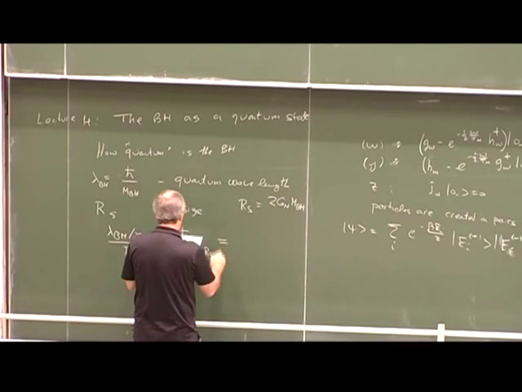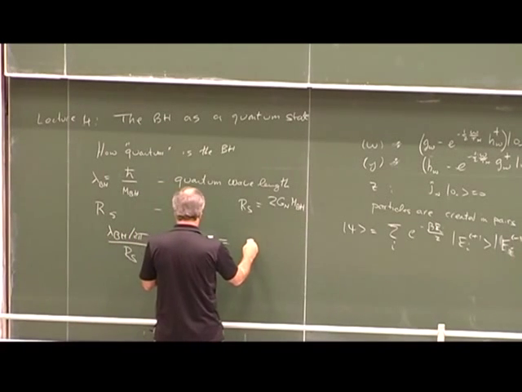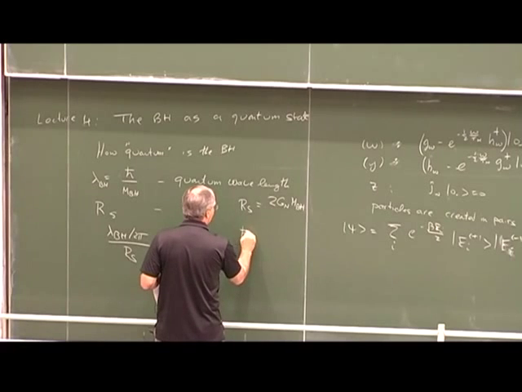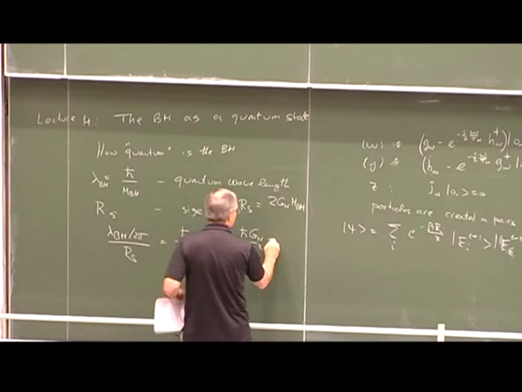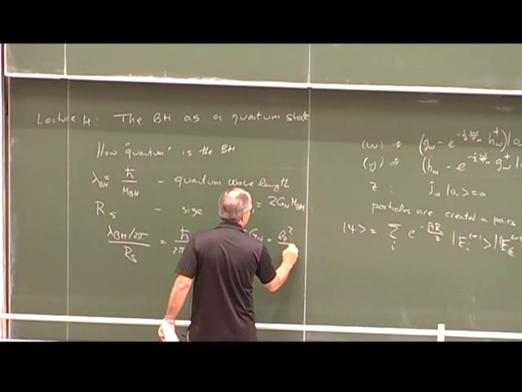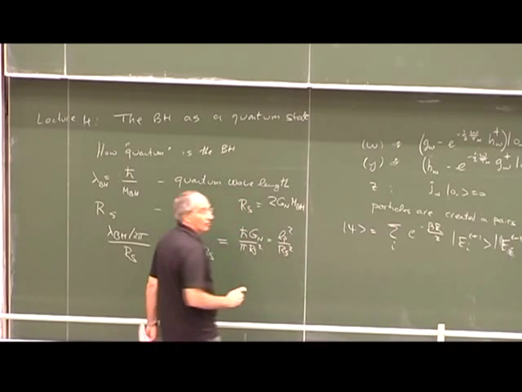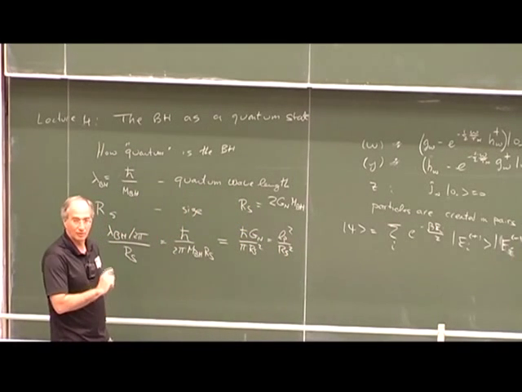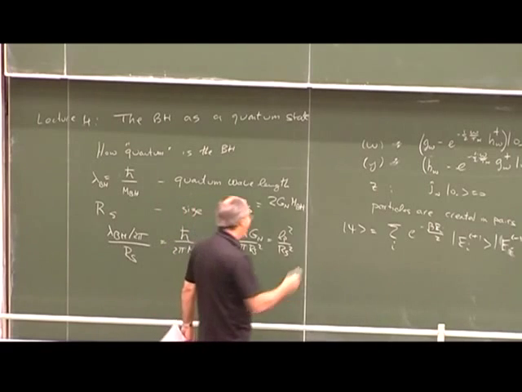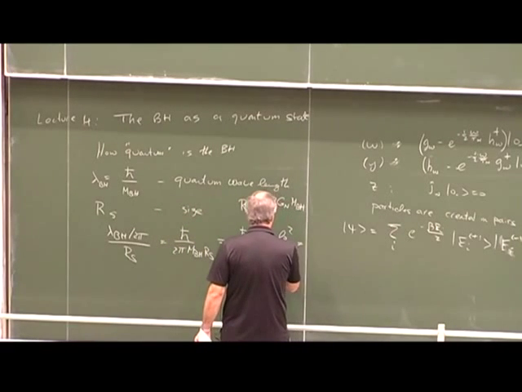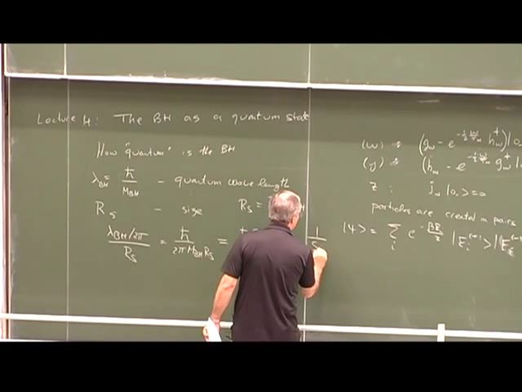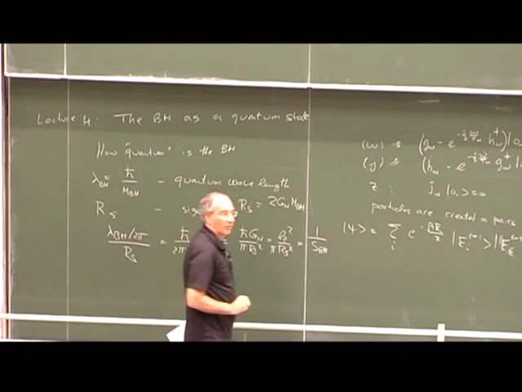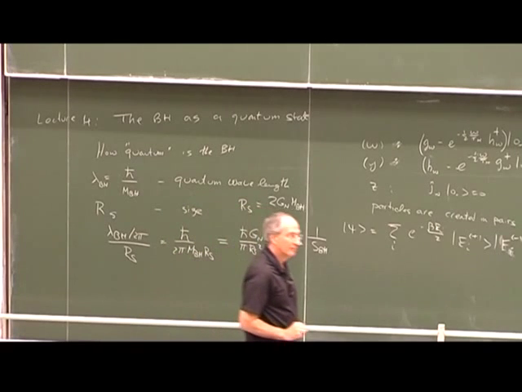So this actually comes out to be h bar G Newton divided by pi Rs squared, which is also L Planck squared divided by Rs squared. Since you've been to the talk yesterday, you know what L Planck is. And hopefully you know it before that, right? And this is 1 over S black hole. Okay?